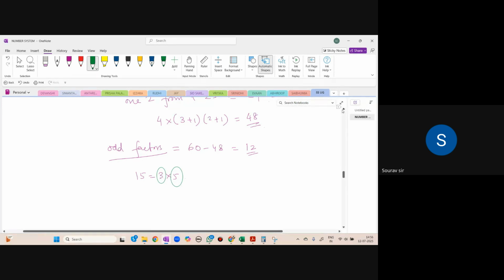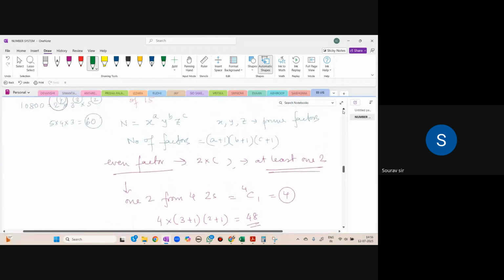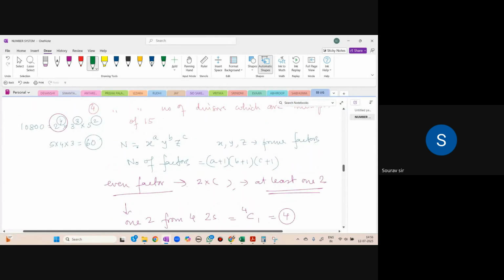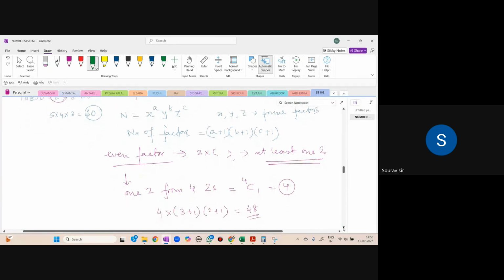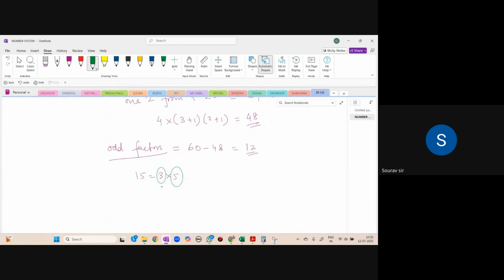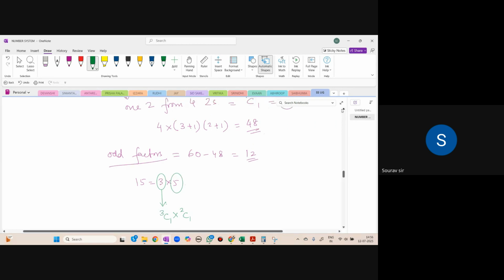How many 3s are there? There are three 3s and two 5s. So you can get one 3 from three 3s in 3C1 ways, and one 5 from two 5s in 2C1 ways. And with that, you have the 2s.